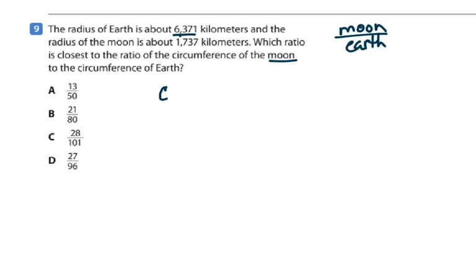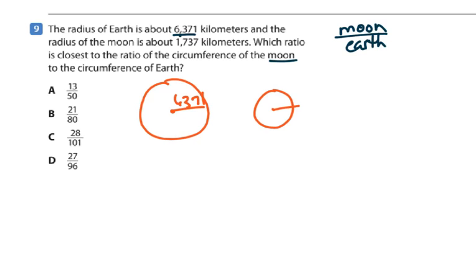So circumference, in this case, well, let's do this. A picture's worth 1,000 words, right? The Earth is obviously bigger because it says that the radius of the Earth is 6,371 and the radius of the Moon is 1,737. So I want to use the circumference formula, 2 pi r. So I'm going to say 2 times 3.14, then times 6,371.